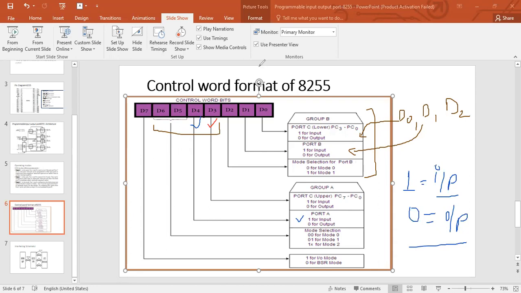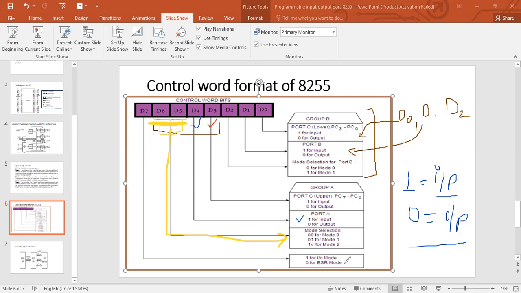Now next, these two bits, D5 and D6, decide the operating mode of 8255.